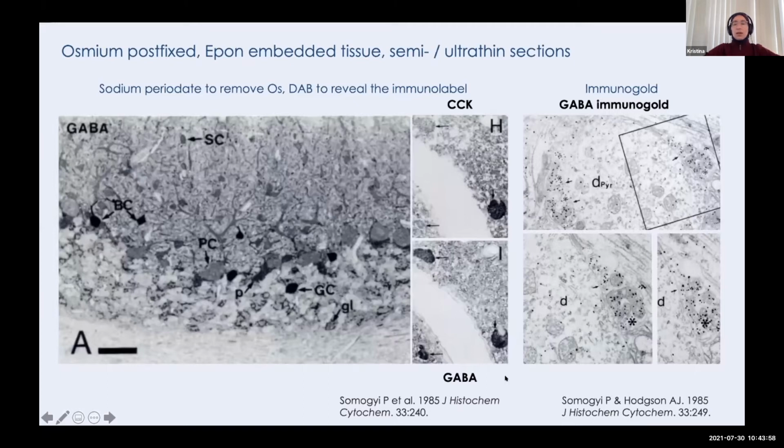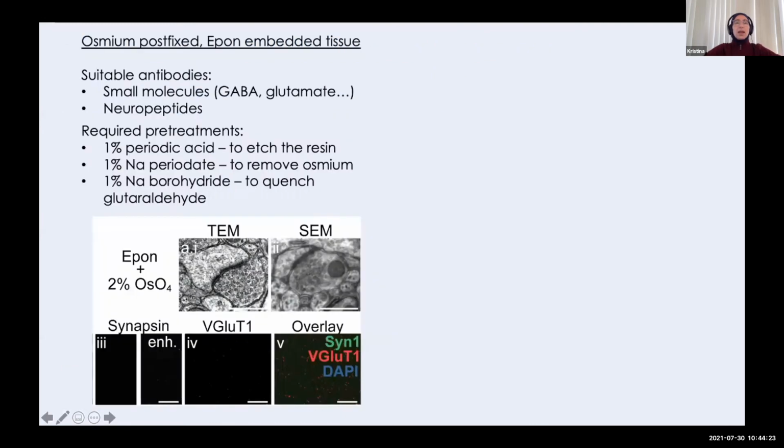The same tissue preparation also works for many neuropeptide antibodies, like in this case, CCK, which is localized to exactly the same neuron that is also labeled with GABA. This is a known fact, that some of the interneurons are also labeled with different neuropeptides.